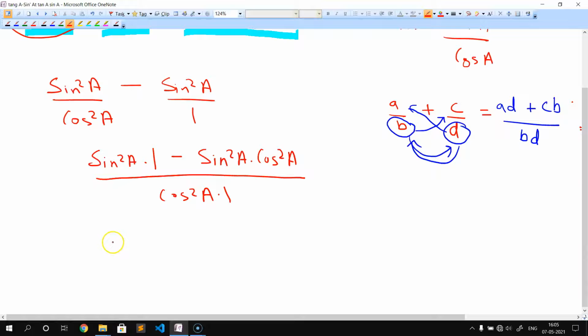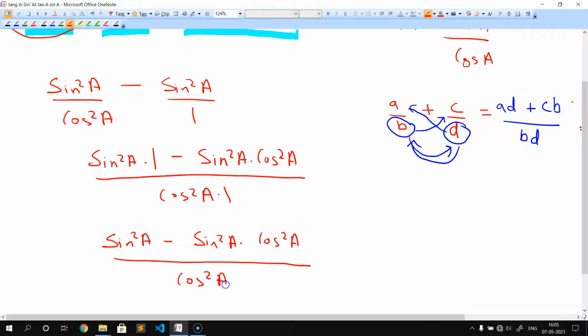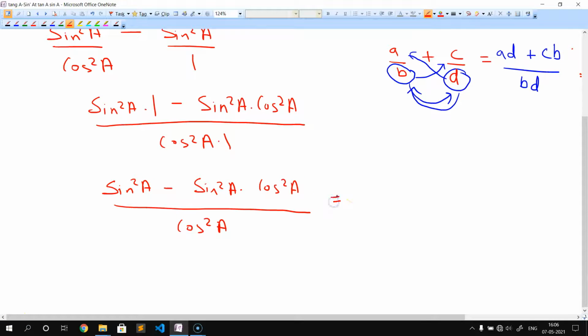So it will be equals to sine square A minus sine square A dot cos square A upon cos square A. Now you can see that we can take the sine square common, so sine square A times (1 minus cos square A) upon cos square A.